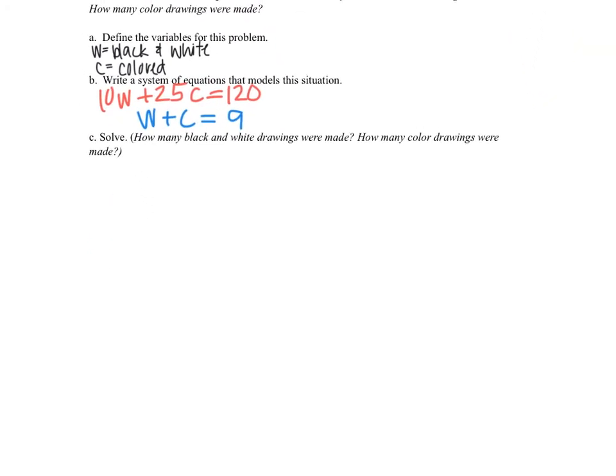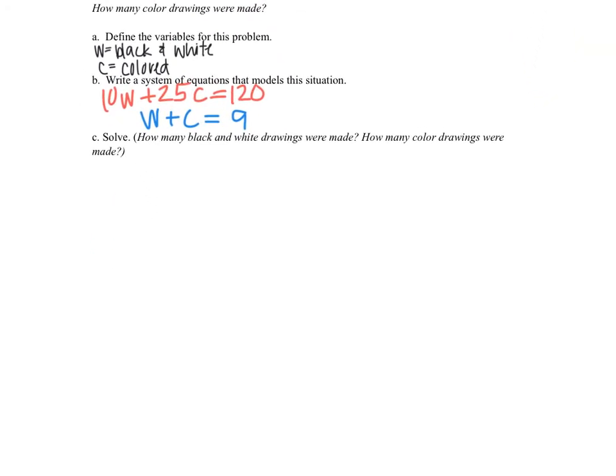Alright, from here I'm going to go ahead and solve this one because it's very good practice for us to practice solving them. So 10W plus 25C equals 120. Whoops, I didn't even put a C in there by the 25.